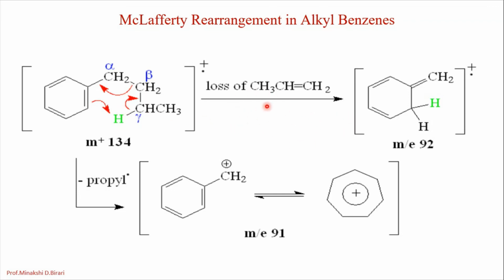First of all, there is a loss of CH3CH=CH2 and we get this radical cation at mass to charge ratio 92. Also, if we consider the removal of the propyl radical, we get another fragment and the peak may be observed at mass to charge ratio 91 due to the formation of the tropylium ion. That will be observed in case of alkyl benzenes.